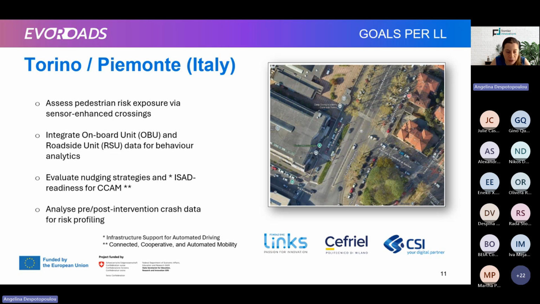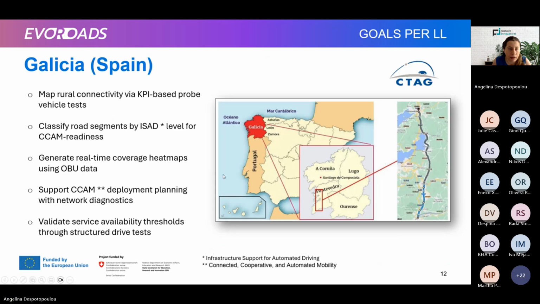And to analyze pre-intervention and post-intervention crash data for risk profiling. This is research work, of course, that they will be doing with the help of the municipality of Piemonte.